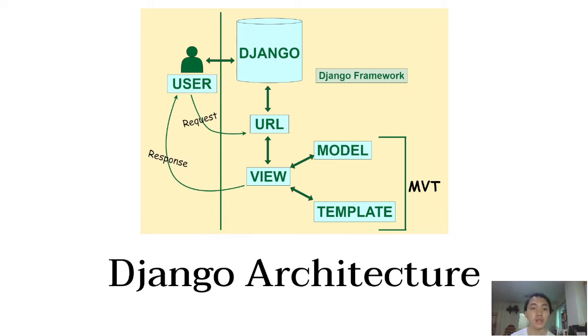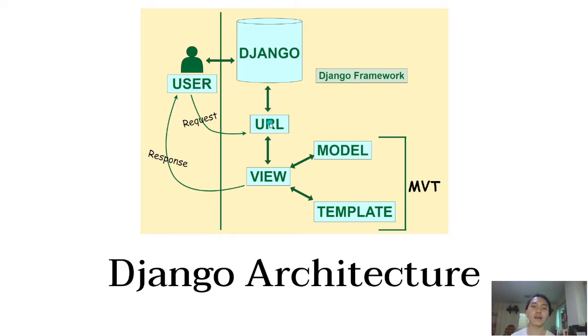So first, the user works with the Django framework. We can imagine Django is like a bus: we catch the bus, we take it, and it sends us to the URL.